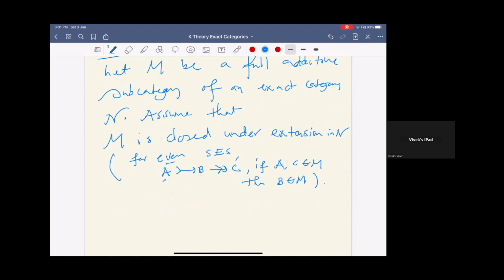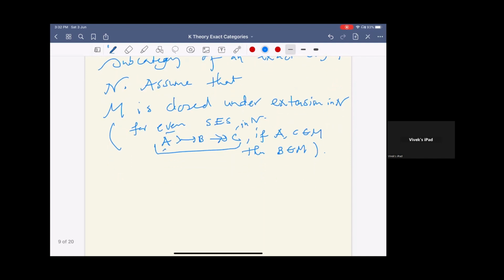And this sequence is in N, because N is an exact category, right? So it has a class of kernel-cokernel pairs, and as I said, a kernel-cokernel pair is said to be a short exact sequence in this setting. So for short exact sequences in N, that is the closed under extension definition.